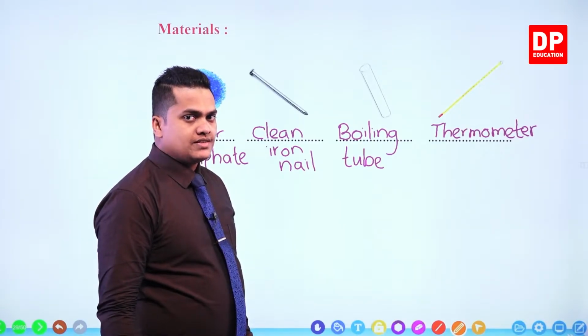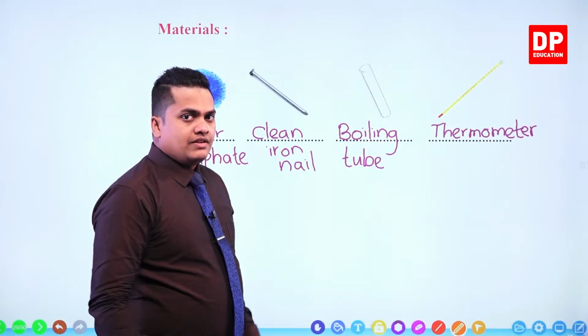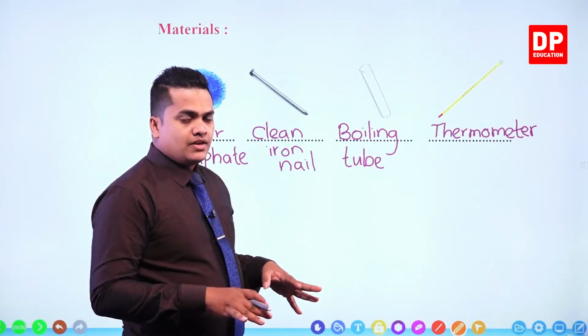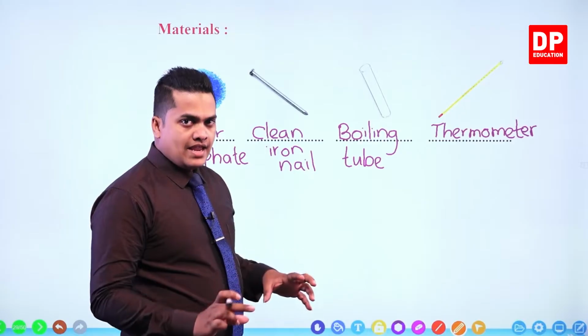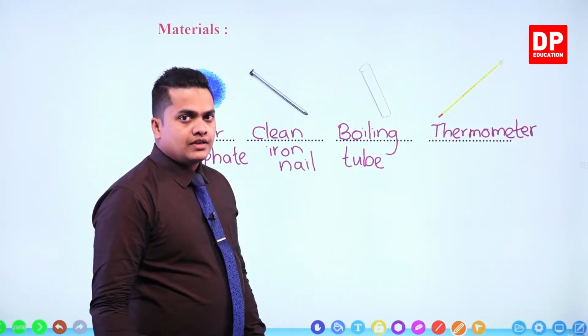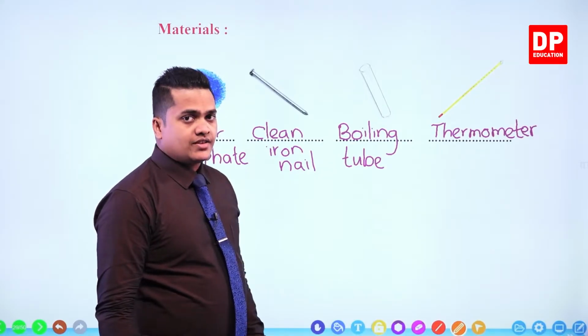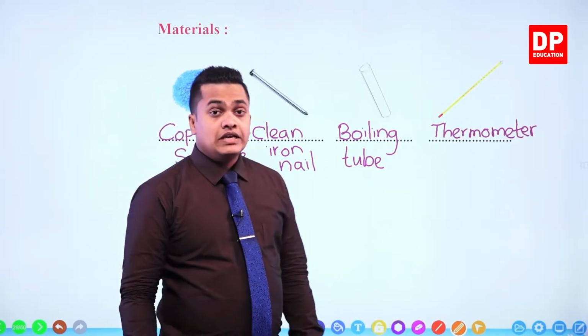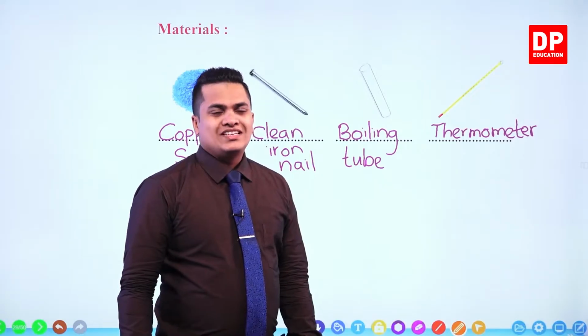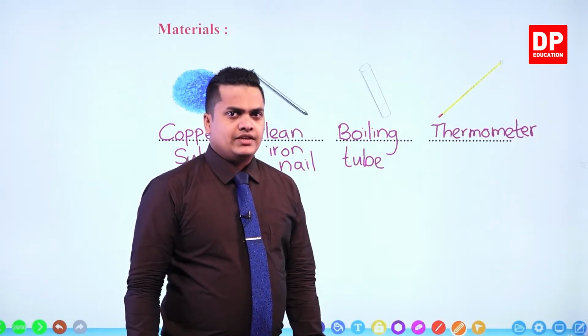Final temperature means even after doing the experiment, at the end, we are going to check the temperature of the system. So these are the materials that we need.